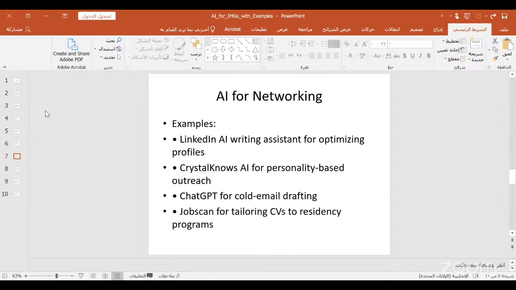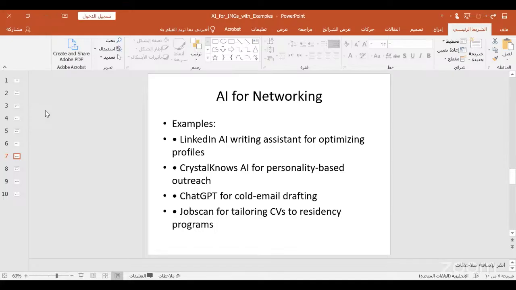AI for networking: we have LinkedIn AI writing assistant for optimizing profiles. This is, I believe, in the subscribed plan as well. We have Crystal Knows AI for personality-based outreach, and ChatGPT for cold email drafting. Job Scan for tailoring CVs to residency programs.